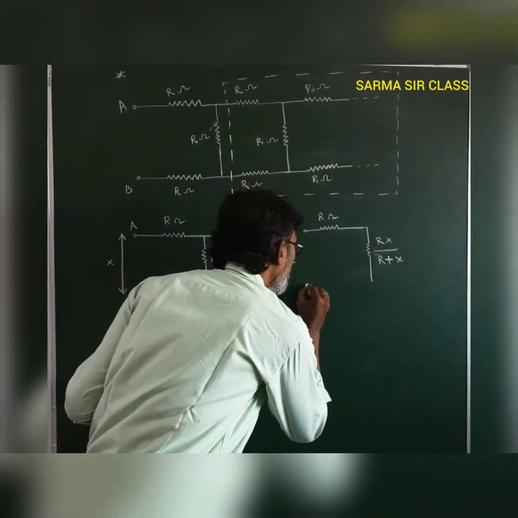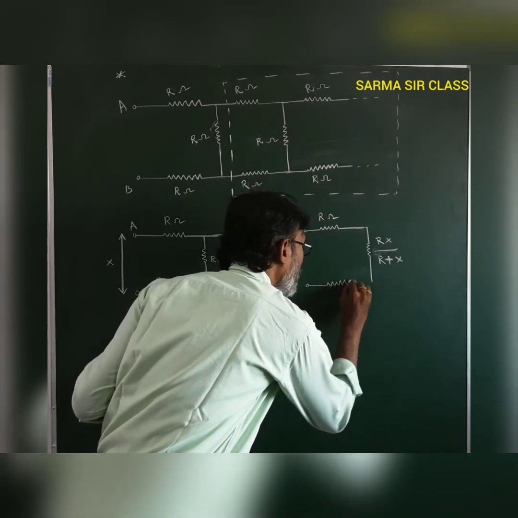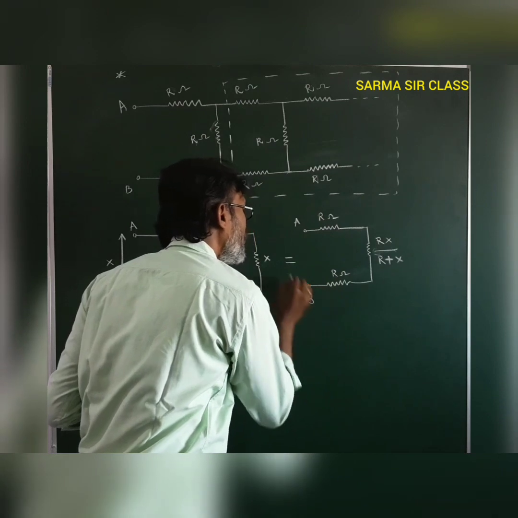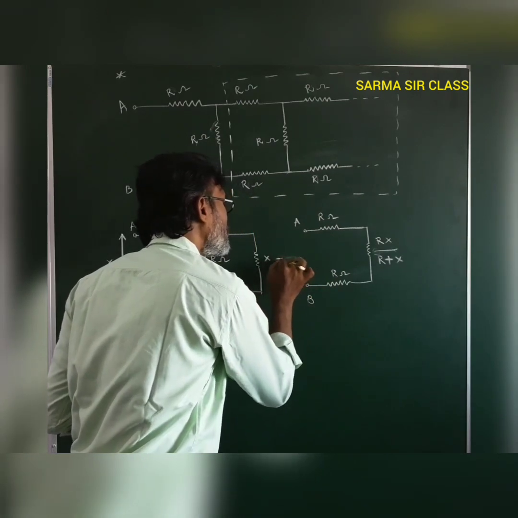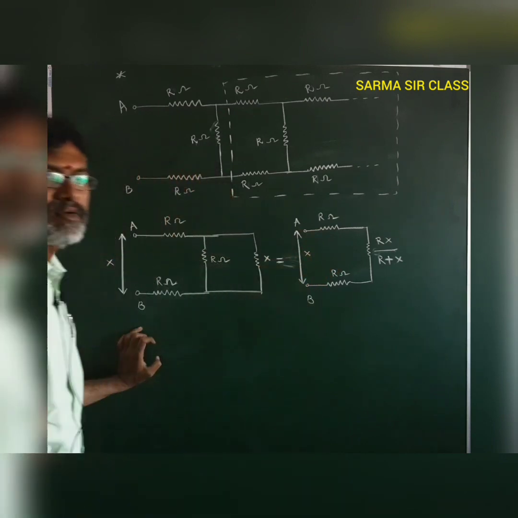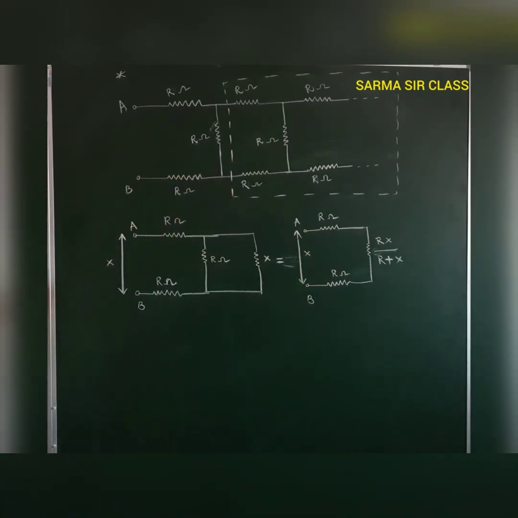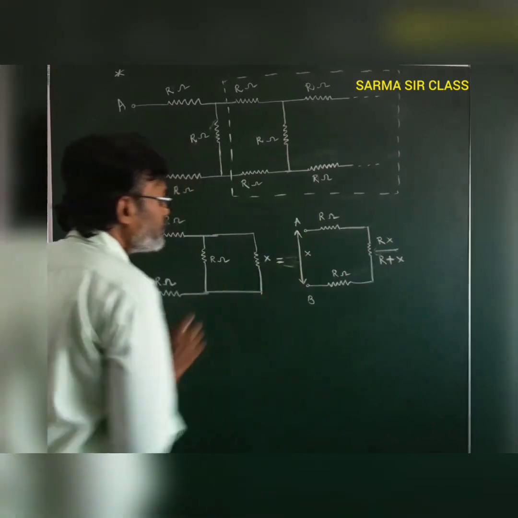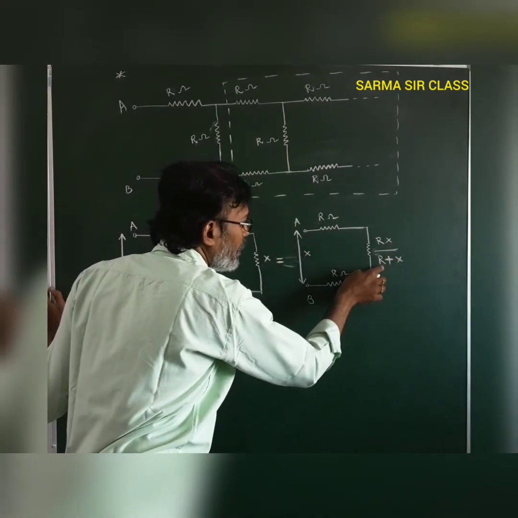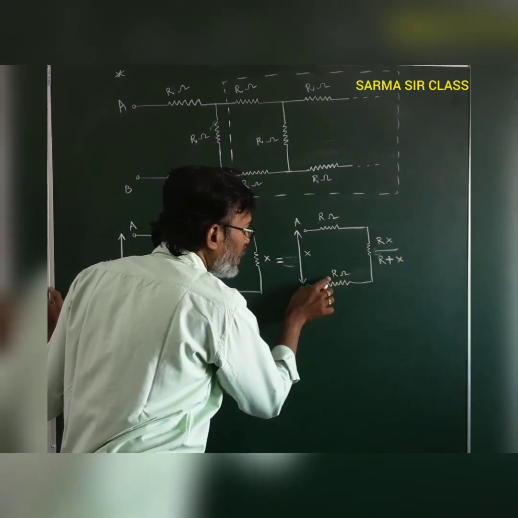And another resistor is here, R ohm. This is A and this is B. What is the equivalent resistance across A and B? As you know, that value is X. So here we have R ohm, R X by R plus X, and this R ohm.